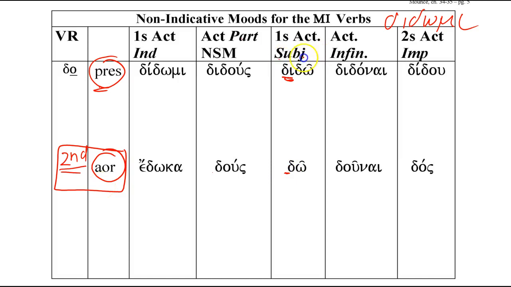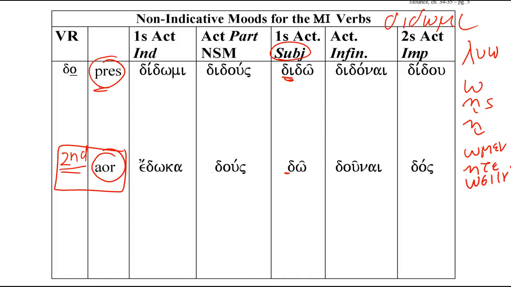And for the subjunctive, you're used to seeing for luo the subjunctive endings being o, ais, ai, omen, ete, osin. So you're used to seeing these case endings with the subjunctive. Now, the thing is that with the didomi verbs, you'll notice that the stem goes long, so da becomes do.